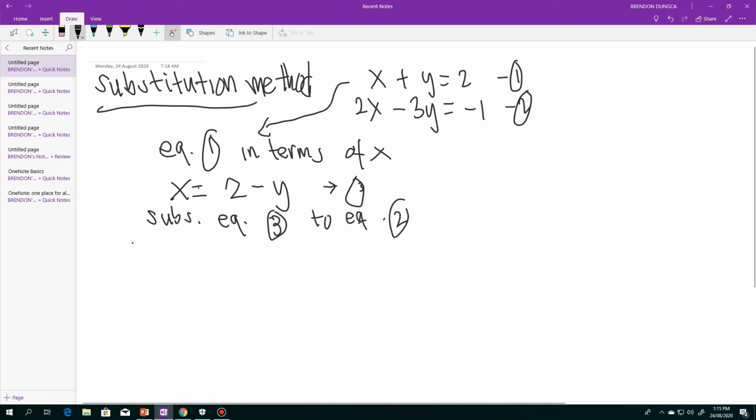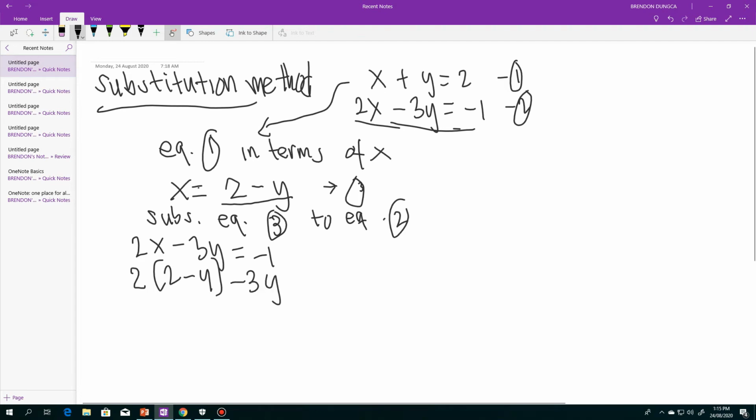Equation 2 is 2x minus 3y is equal to negative 1. This is the second equation. So we substitute the new equation. So 2 times x, where x is 2 minus y, and then negative 3y is equal to negative 1.